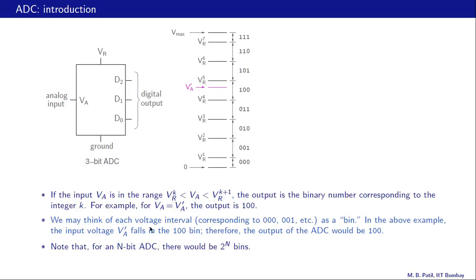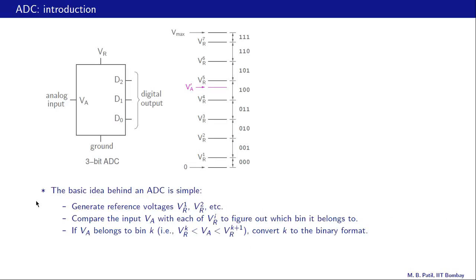We may think of each voltage interval corresponding to 000, 001, etc., as a bin or a box. In the above example, the input voltage VA prime falls in the 100 bin, this bin here, and therefore the output of the ADC would be 100. And finally, note that for an n-bit ADC, there would be 2 raised to n bins. In this case, there are 2 raised to 3 or 8 bins.